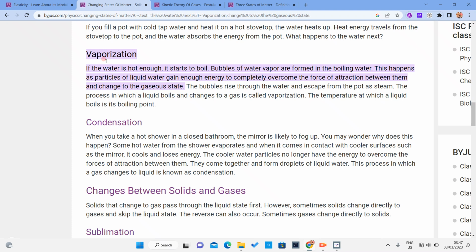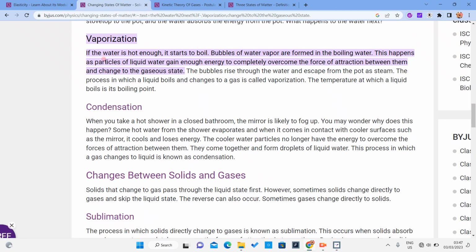You are condensing it, you are making them more compact. The way you can do that is by removing heat from it, which is like reducing the temperature. So they have less kinetic energy, they have less collision, and then they clump together. That's condensation. And this also occurs at the boiling point.